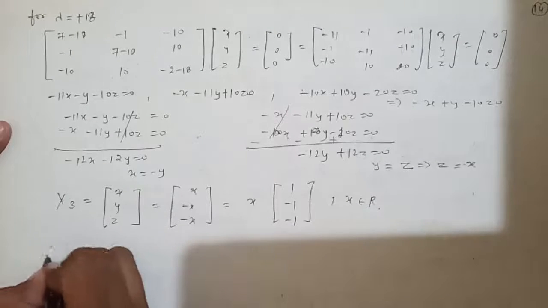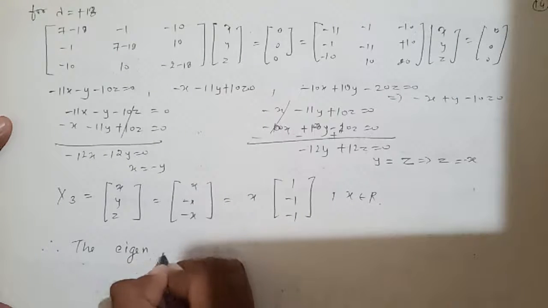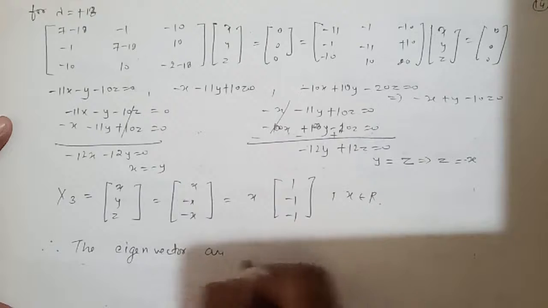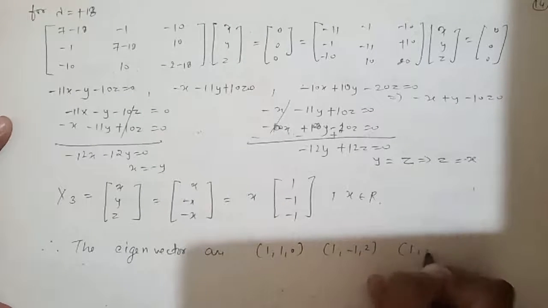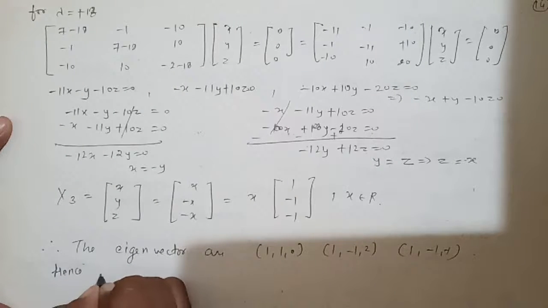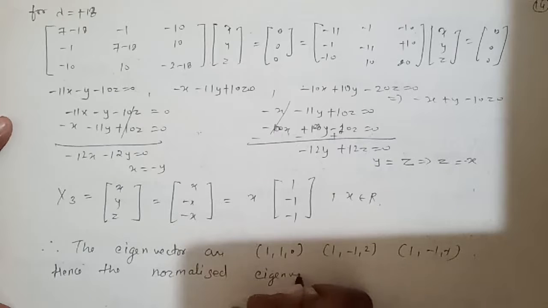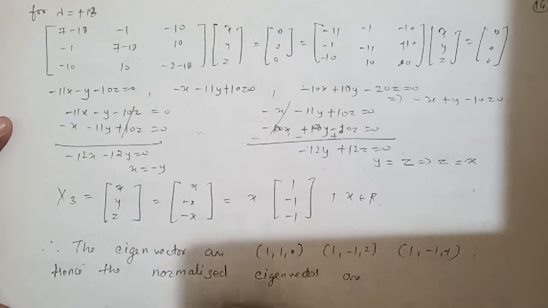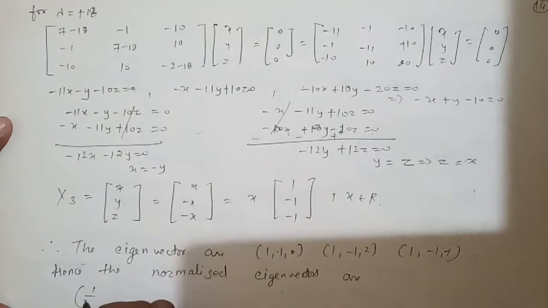So therefore the eigenvectors are (1, 1, 0), (1, minus 1, 2) and (1, minus 1, minus 1). Hence we have the normalized eigenvectors. The first has norm root 2, so it is 1 by root 2, 1 by root 2, 0.